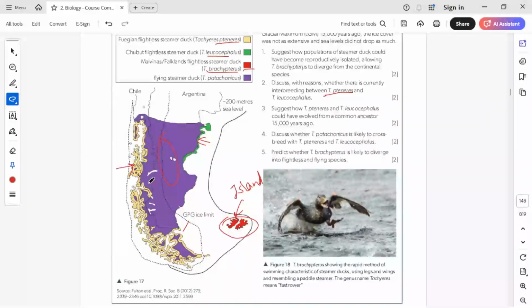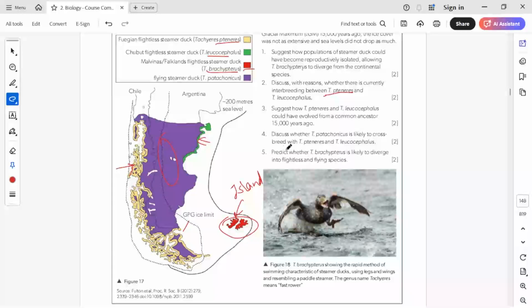So because of differential selection the traits have diverged and they developed into different species. They developed into separate populations, and they cannot interbreed because of the glacier formation in between, and they could not migrate to each other.